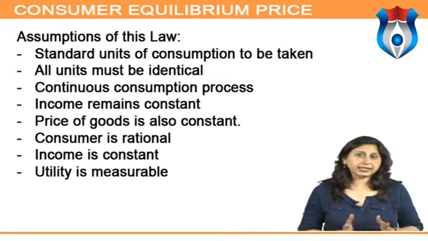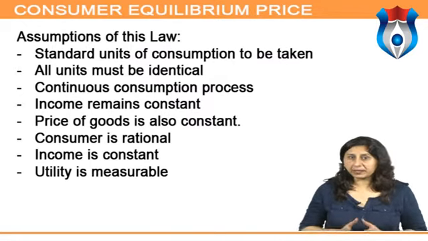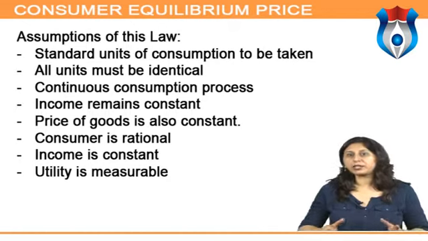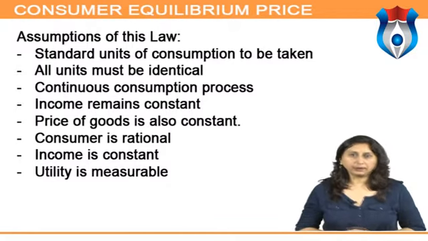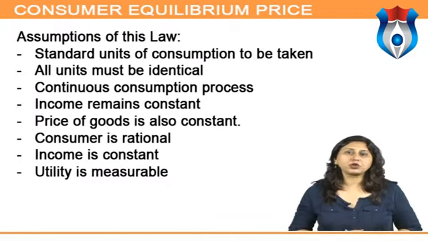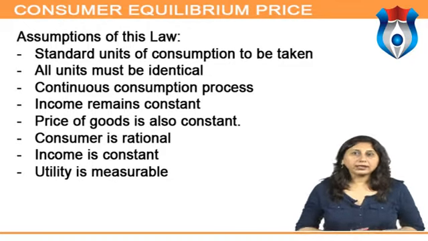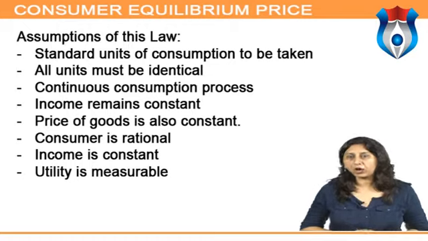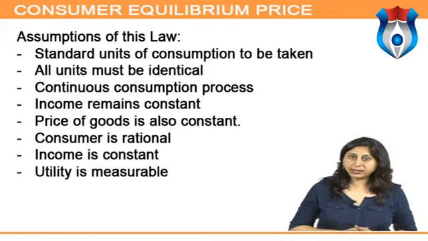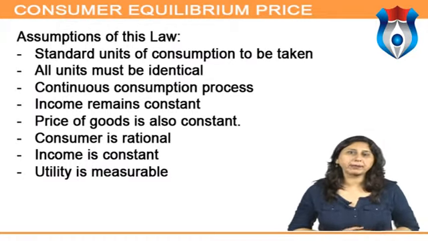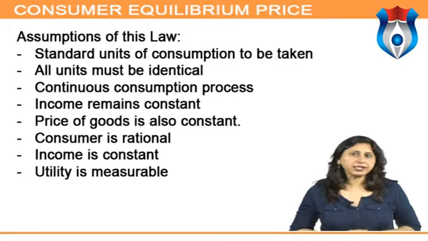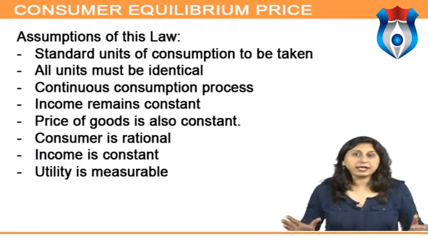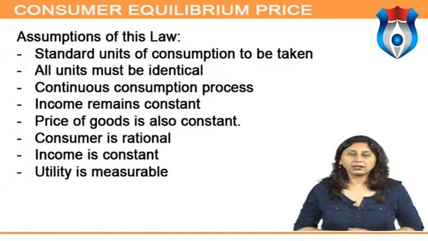The consumer's taste, habit, or preference must remain the same during the process of consumption. The income of the consumer remains constant. The prices of the commodity consumed and its substitutes are constant. The consumer is assumed to be a rational economic man. As a rational consumer, he wants to maximize the total utility.